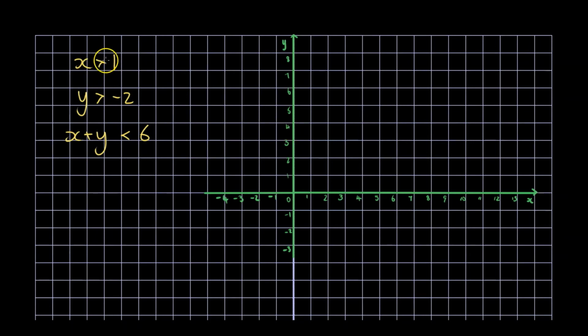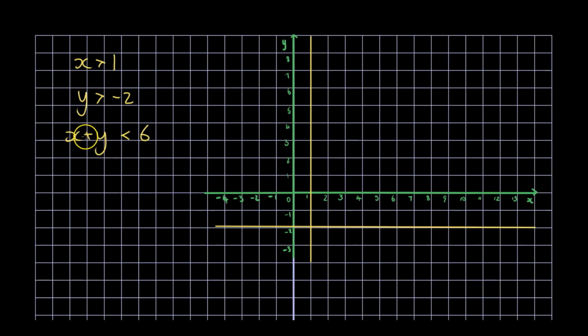The line x equals 1 is this line here. So at every single point on this line, I know that the x value is 1. And then this here, this y is greater than minus 2. Well, y equals minus 2 is this straight line here.